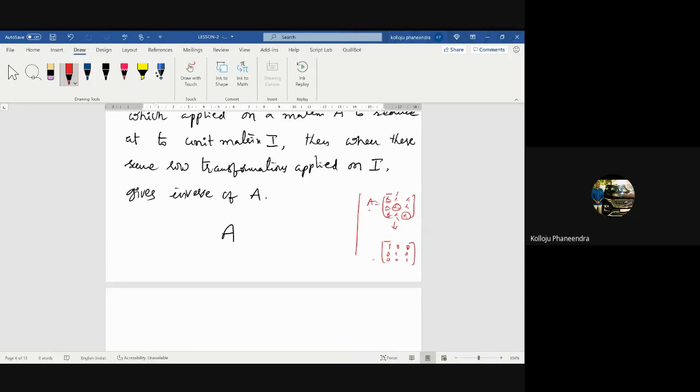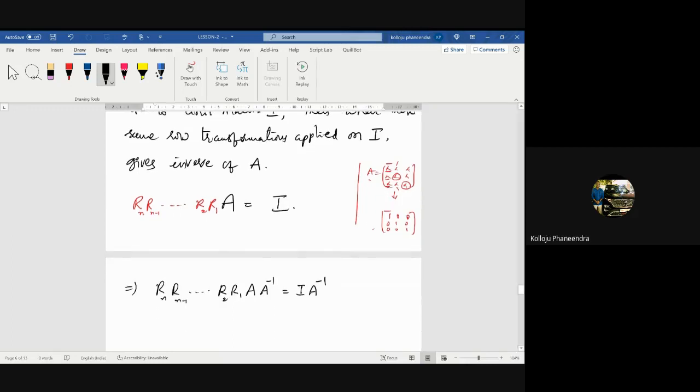Therefore, I am taking here Rn, Rn minus 1, Rn minus 2, like that, R2, R1 on A, which reduce matrix A to I. Then what is the thing here? These row operations applied on matrix A, Rn ... R2, R1 A equals I. Post multiply this by A inverse on both sides.